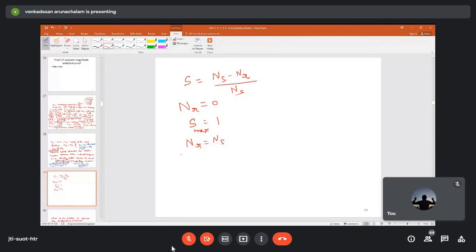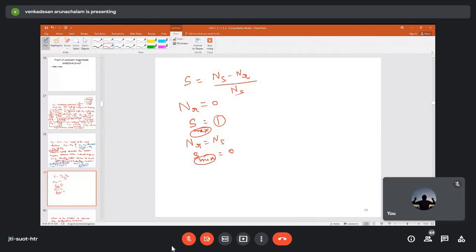More than that it cannot rotate. So when NR equals NS, slip is 0, so this is the minimum. When slip is 1, this is the maximum. So the ideal range of slip is 0 to 1.